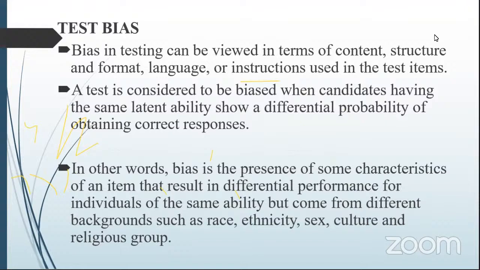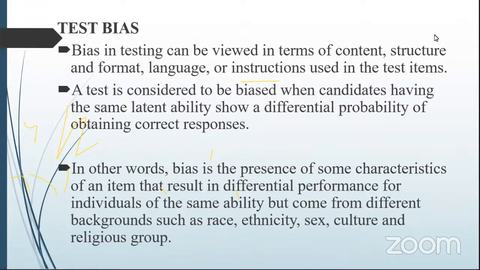In other words, we are saying bias is the presence of some characteristics of an item that result in differential performance for individuals of the same ability, but come from different background, such as race, ethnicity, sex, culture, and religious groups.